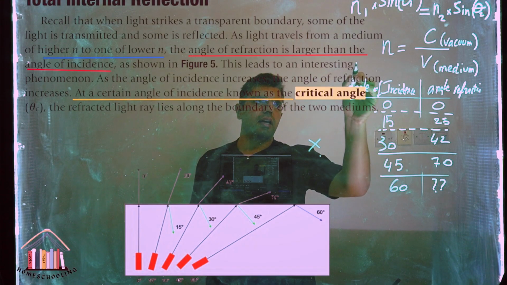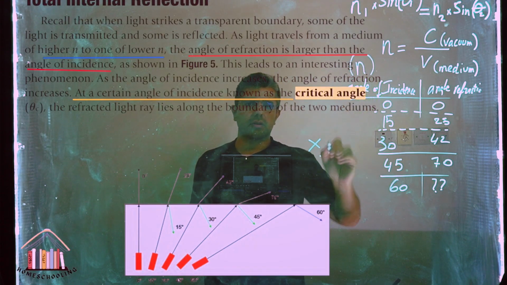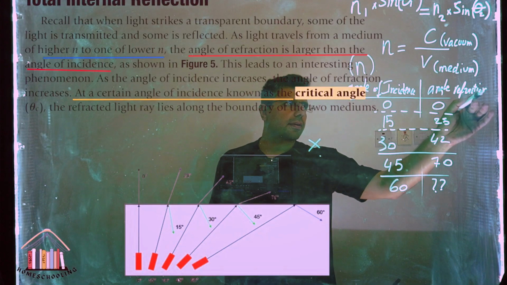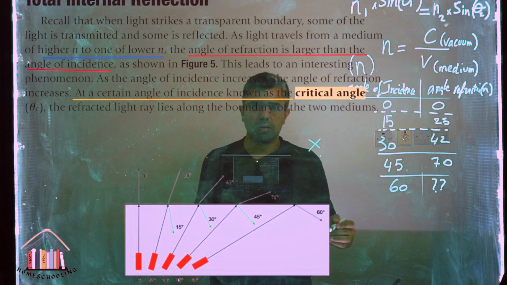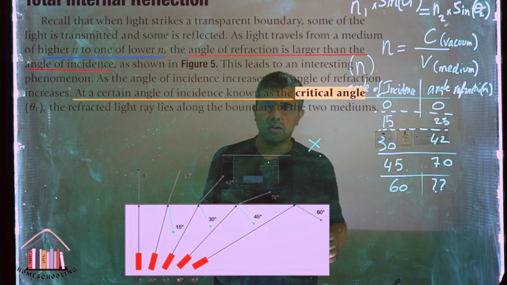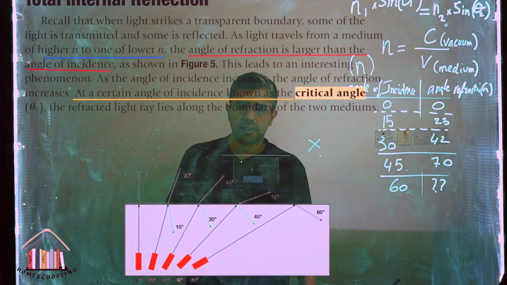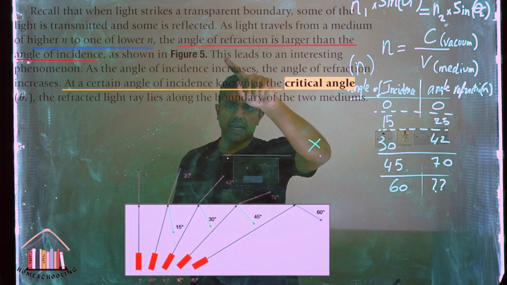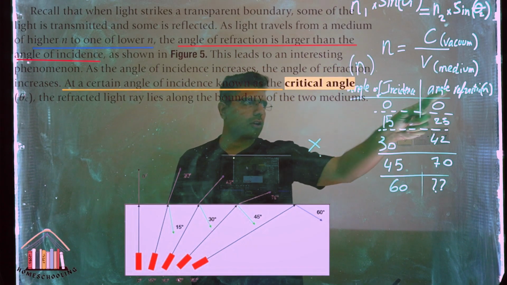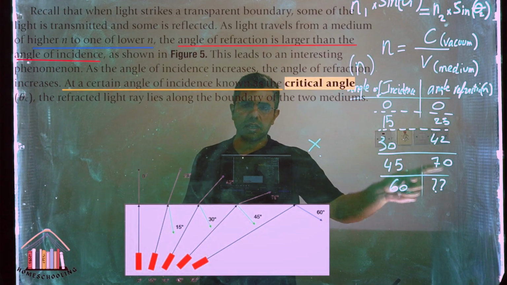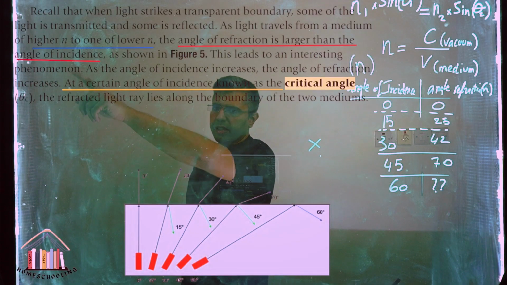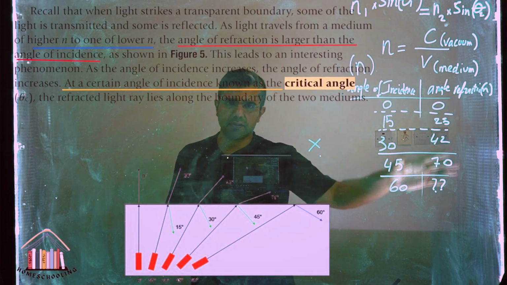We go from a higher n to a small n, okay, that's the case of internal reflection. As you notice, the angle of refraction is always larger than the angle of incidence, as we drew here from the table.